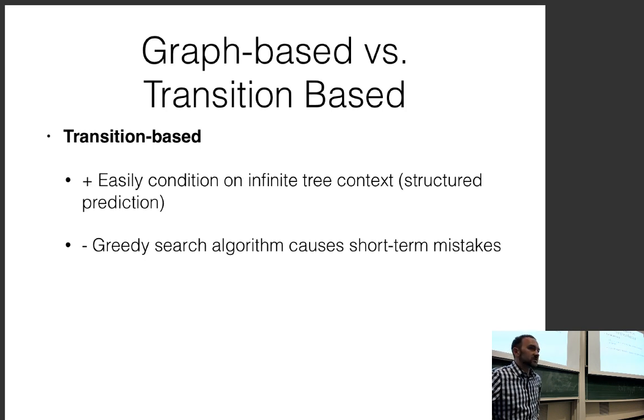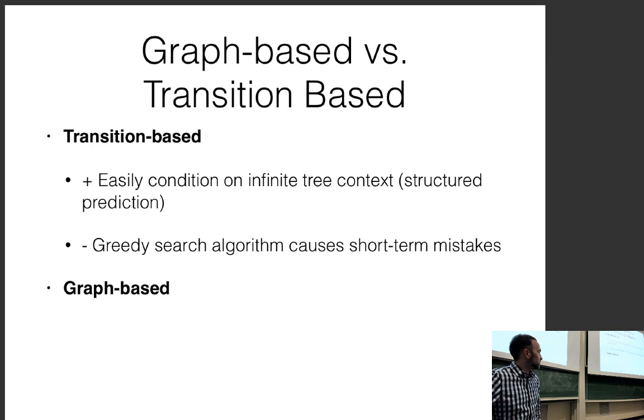The problem with this, for example, neural MT models or things like this, is they may do very well locally, but because of the necessity to condition over long dependencies or do search algorithms using greedy search or beam search, this can cause short-term mistakes.